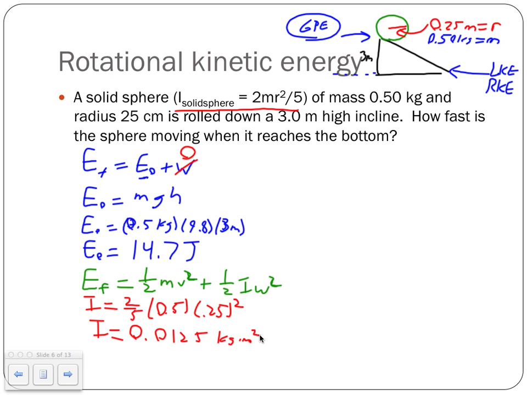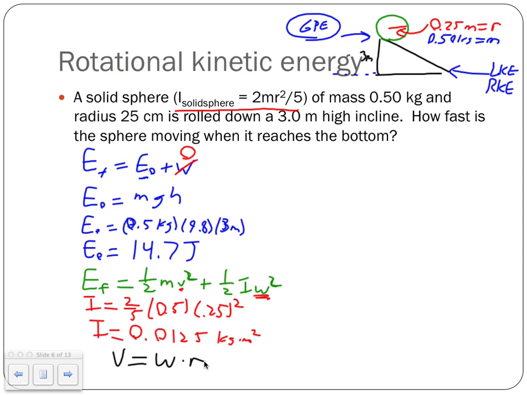All right. So now that we know this, we can go ahead and start doing a little bit more. But actually, there's one other step we can do. We know we've got this omega that we're looking for, but really, we don't. If we plug in what we've got here, we'll have two variables, v and omega. We'd really rather just have one, because we can't solve this with two. There is another piece that we know: there's a relationship between the linear velocity and the angular velocity, and that's that the linear velocity is equal to omega r.